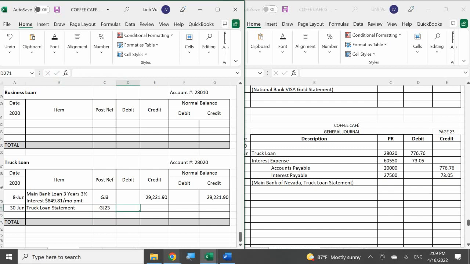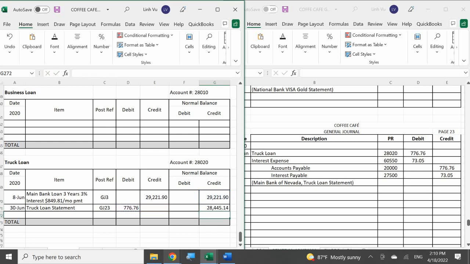And you're going to make a payment of $776.76, which will reduce your account to a total of $28,445.14.